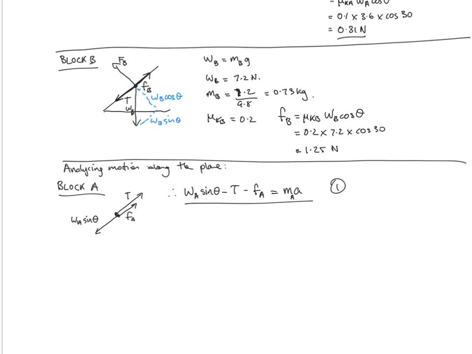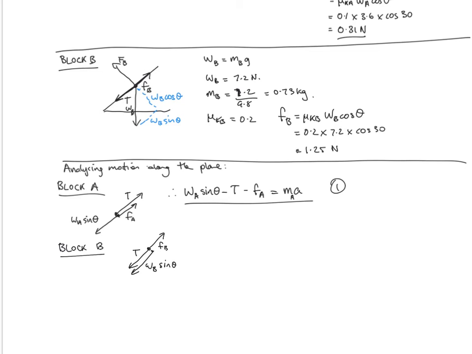Now, if we look at block B, write that down, block B. Let's have a look at the motion just along the plane. Well, now the tension's going to be acting down. The friction's going to be acting backwards, so this is tension. This is friction of B. And also, we're still going to have this, now, WB sine theta acting downwards.